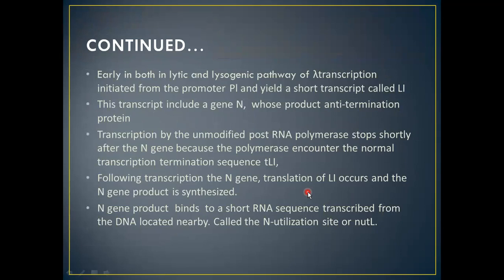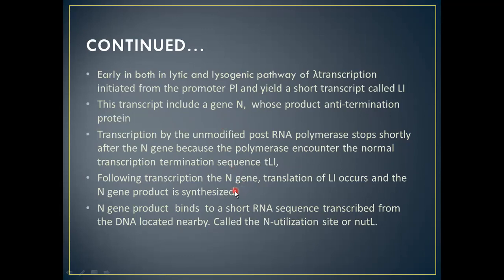Early in both the lytic and lysogenic pathways of lambda, transcription is initiated from the promoter PL and yields a short transcript called L1. This transcript includes a gene N whose product is the antitermination protein. Transcription by unmodified host RNA polymerase stops shortly after the N gene because the polymerase encounters the normal transcription termination sequence TL1.